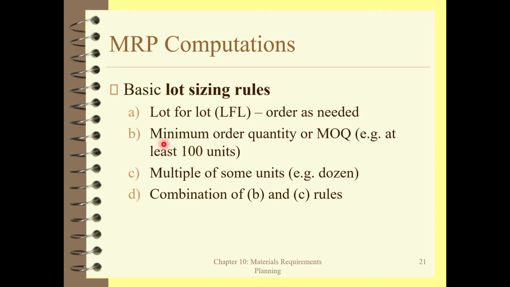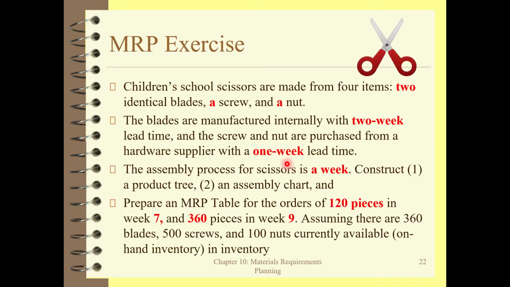So you need to order at least 100. Or sometimes they sell the item in terms of boxes. One box may consist of a dozen, or 50 units, or 100 units, something like that. You have to order in that kind of unit, a multiple of that unit. And the last one is the combination of B and C. Okay, sometimes you need to order in terms of the combination of these two, right?